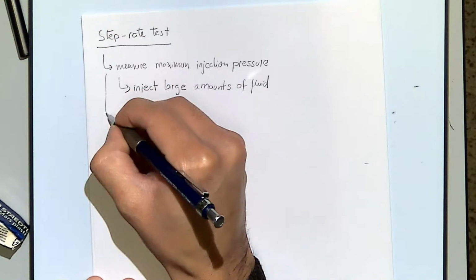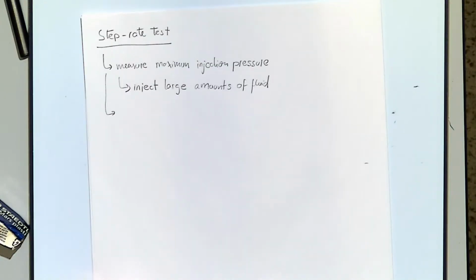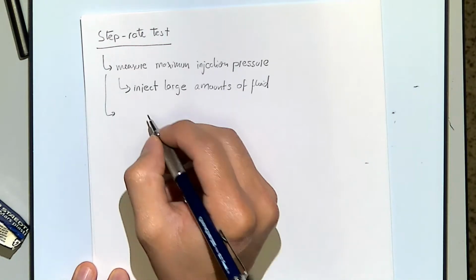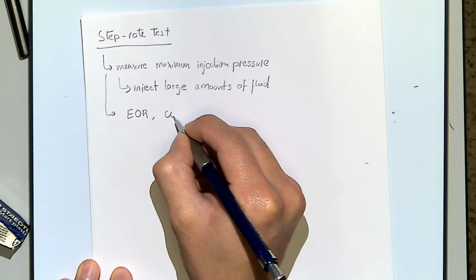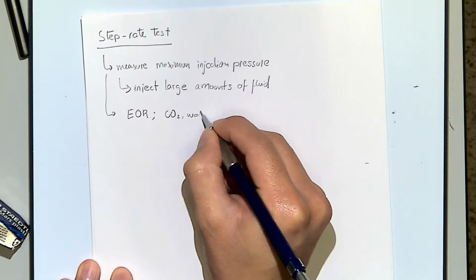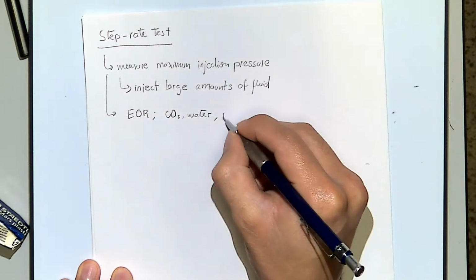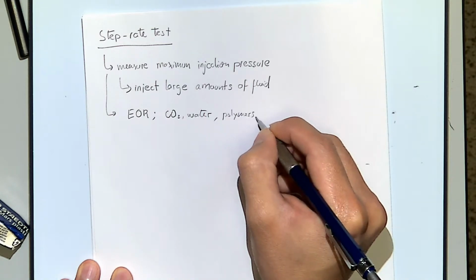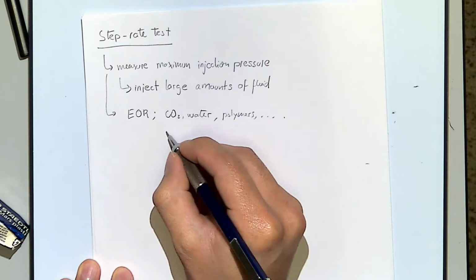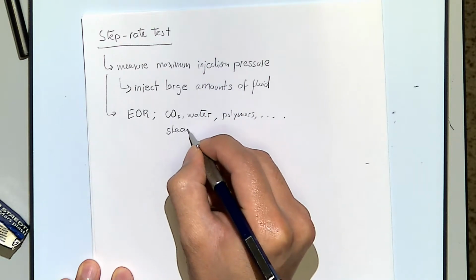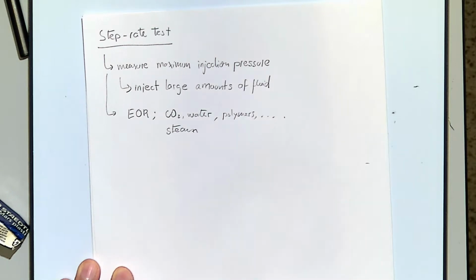Can you tell me examples in which, in petroleum engineering, you want to inject large volumes of fluids? Enhanced oil recovery. Okay, and what do you inject in enhanced oil recovery? CO2. Okay. Water. CO2, water, polymers, surfactant. You could inject steam, right?